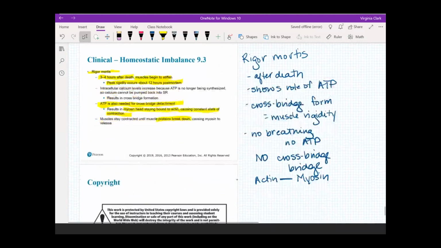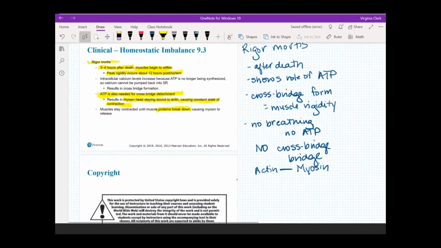Okay, so that's 9.1 to 9.4. As I said, they are very, very heavy concepts, and it's only going to get more complex for 9.5 to the rest of the chapter. So the focus for this is understand 9.1, understand 9.2, but dive in deep to 9.3 and 9.4. The sarcomere, be able to draw it, know what all of these bands and lines are, how actin and myosin are connected, what proteins make them up.